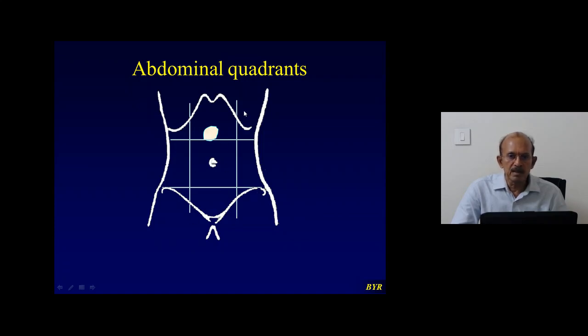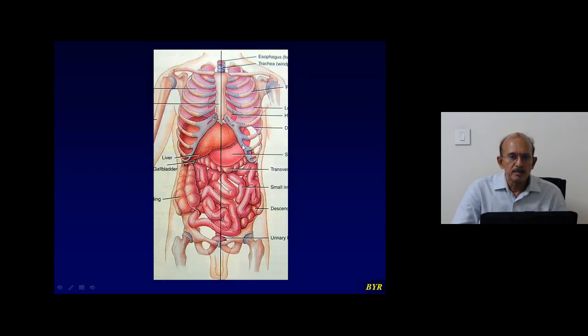Two vertical planes are there. They are the midclavicular lines. These regions being in the middle, from above downwards, are the epigastrium, umbilical region, and suprapubic or hypogastric region.